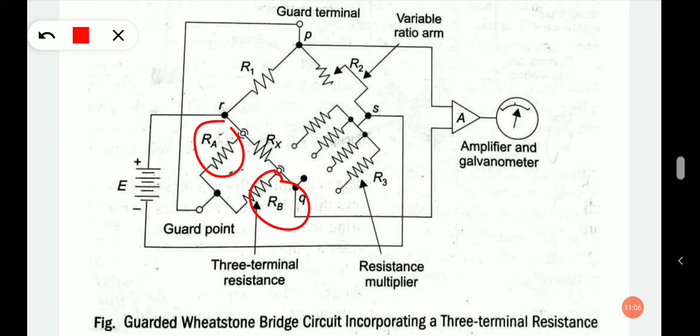These additional resistances represent the path of leakage current via insulating post to the metal plate or guard, and their common point is the third terminal of the three terminal resistance. This terminal is referred to as a guard point and is connected to the guard terminal on the front panel of the bridge.